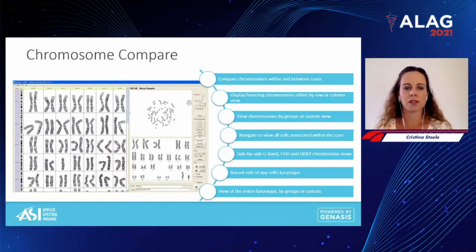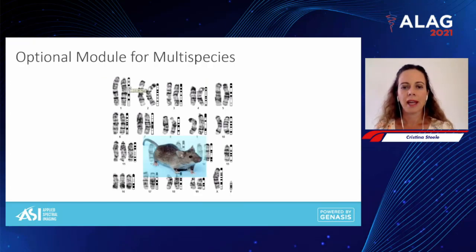Or you're questioning an inversion 16, you can highlight just the 16s. If it's a parental lineage study, you can actually bring in the father, the mother, the child, and have all three karyotypes together to review. And for those doing multi-species testing, we also have that capability as well.